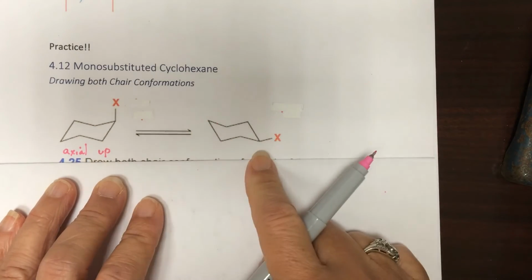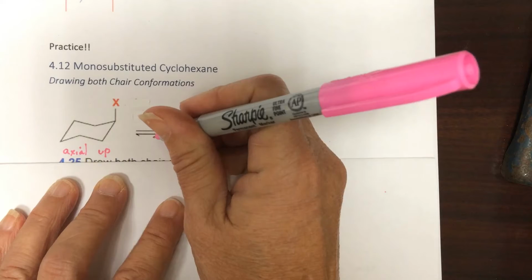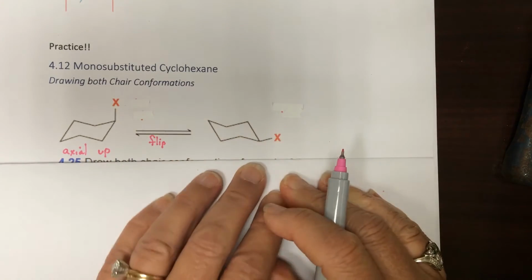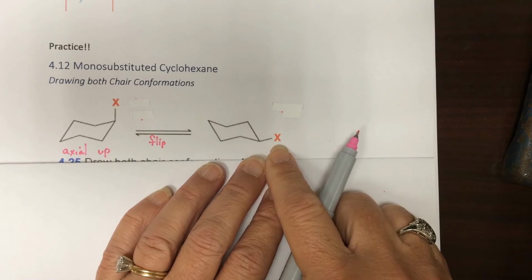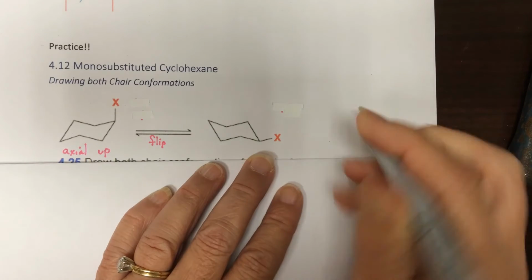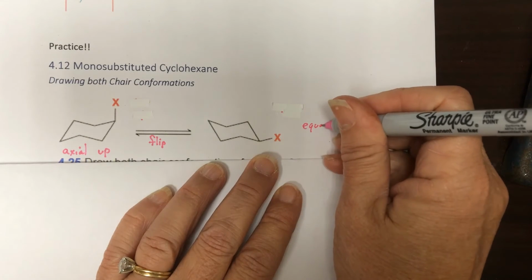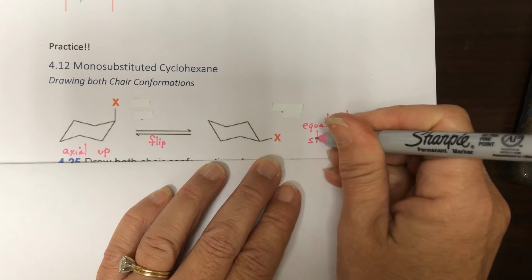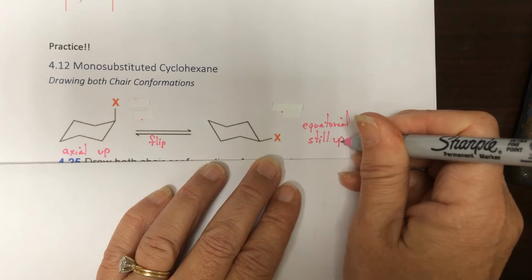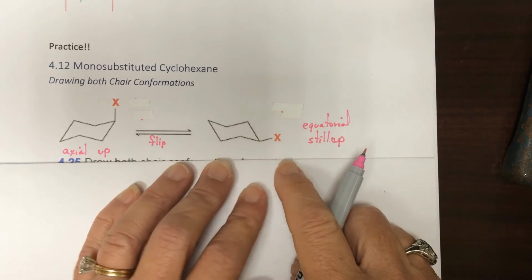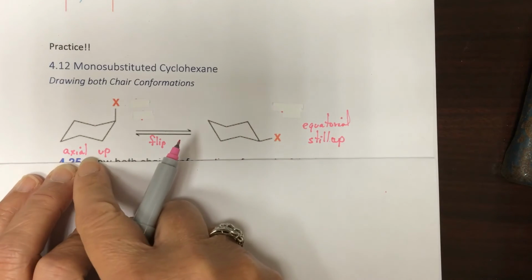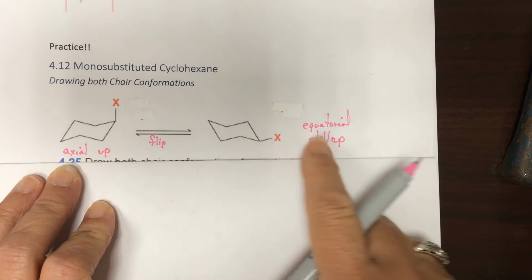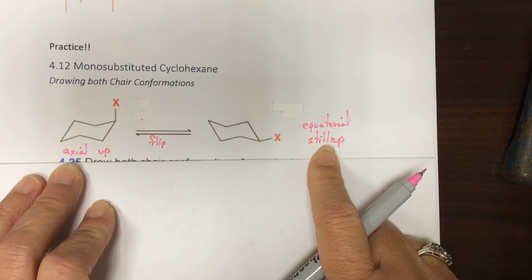When the ring flips, the substituted position is now equatorial, and it's still up. Okay, so when the ring flips, it changes from being axial to equatorial, but if it was up to start with, it'll be up after the ring flip.